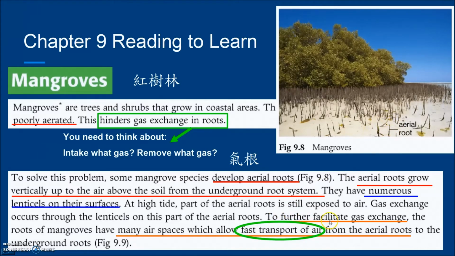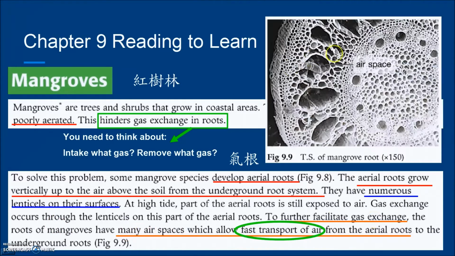To facilitate the gases exchange, the root of the mangroves has many air spaces, which allow the fast transport of air. In the paragraph it talks about fast transport of air, but we have learned a word, diffusion, which can easily substitute this fast transport.